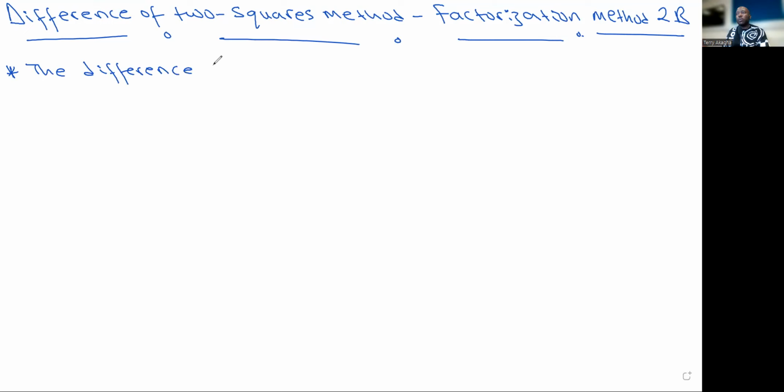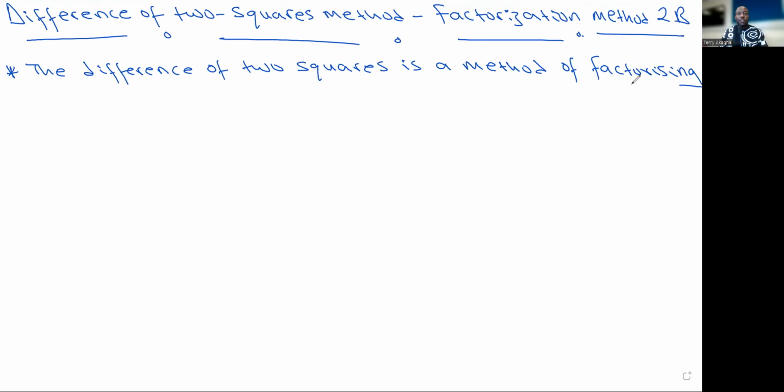is a method of factorizing. And the previous video, we talked about common factors, okay? But in this one, we're using the difference of two squares.